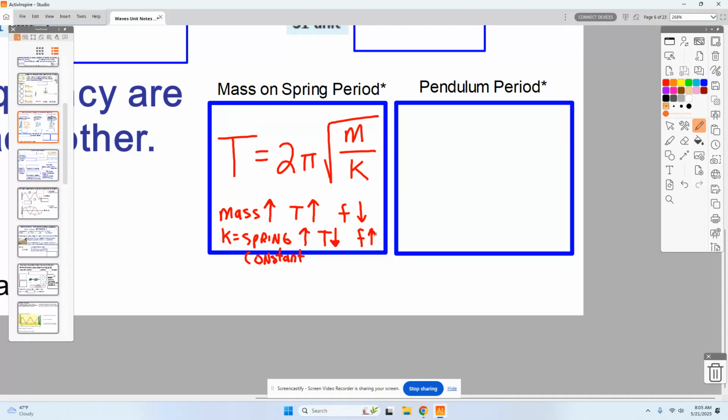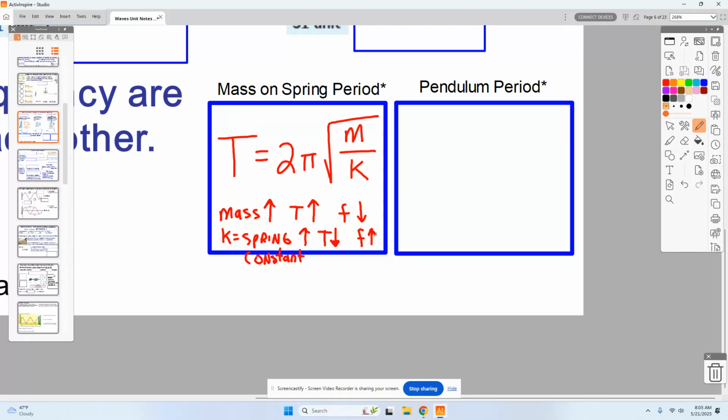So let's try that again. I can't just put 1 kilogram of mass in there. How much do I have to put to double the period? You guys talk through that? What did you guys come up with? Same thing, all right.